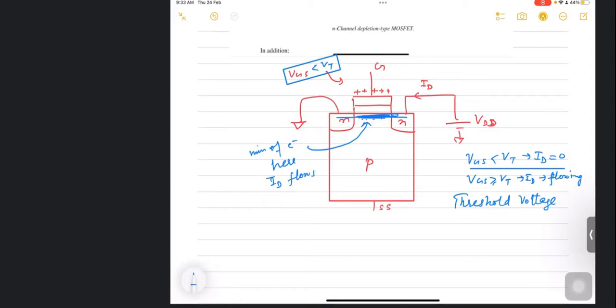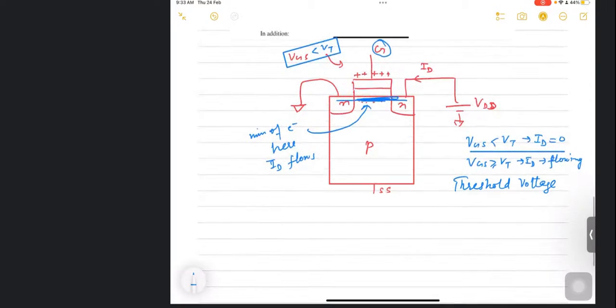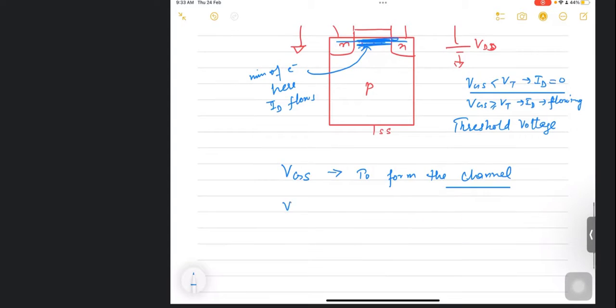Right. So the purpose of the gate voltage VGS, what is its purpose? To form the channel. And once you are able to attract these electrons here, what is the work of VDS?